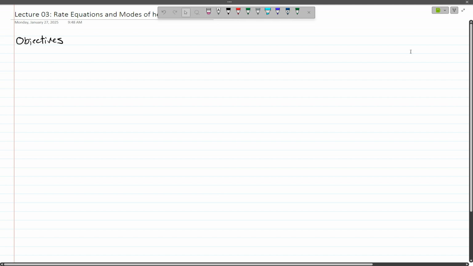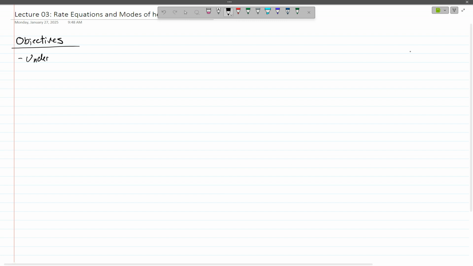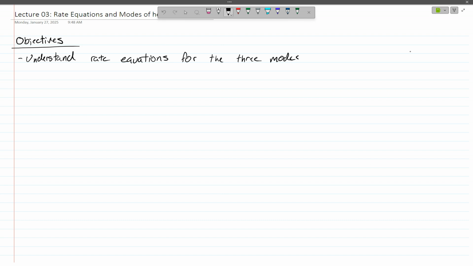So our objectives are fairly simple today. We want to understand the rate equations for the three modes, which are things you have already heard about: conduction, convection, and radiation.